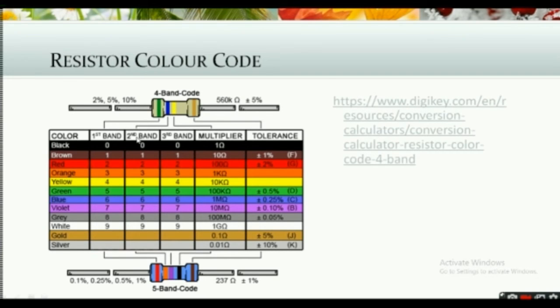The first 2 bands indicate color values, the third band is a multiplier, and the fourth band is a tolerance band. Similarly, in the 5-band resistor, the first 3 bands indicate color values, the fourth band is a multiplier, and the fifth band is a tolerance band. There are a lot of websites to calculate the resistance value.